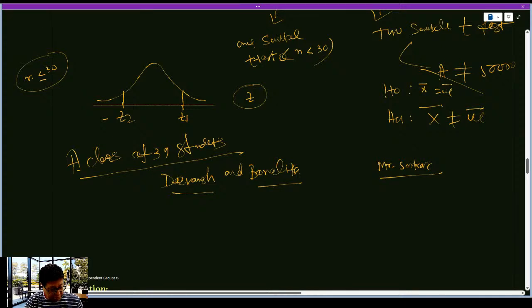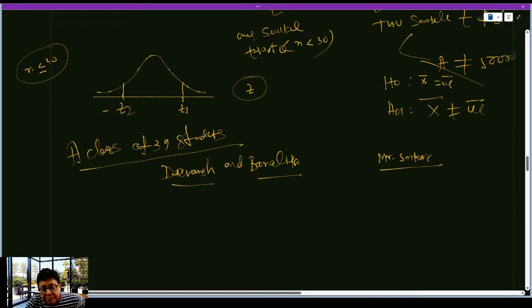Suppose in this class of 39 students, your teacher, Mr. Sarkar, had asked you to find, by the method of sampling you have learned, the class average in his subject, applied mathematics.